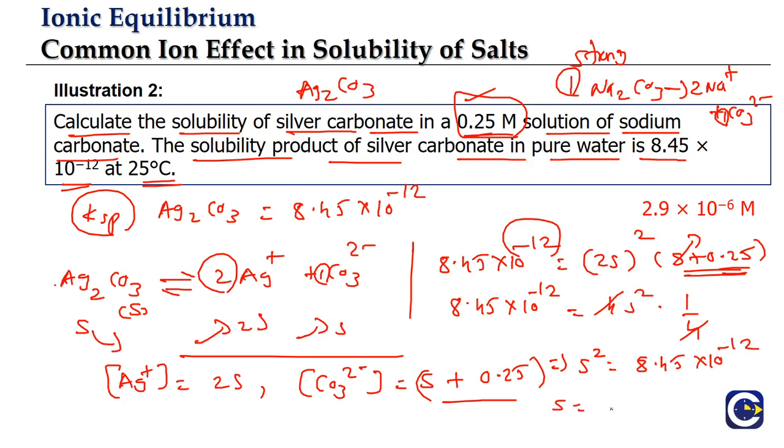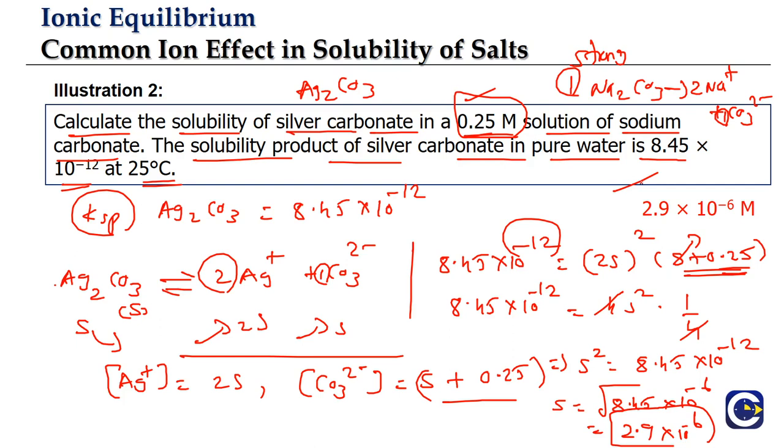So S will be equal to root 8.45 into root 10 power minus 12, which is 10 power minus 6. Root 9 means 3, so root of 8.45 will be somewhere close to 2.9. So the answer is 2.9 into 10 power minus 6. So this is the value of the solubility of silver carbonate in 0.25 molar solution of sodium carbonate.